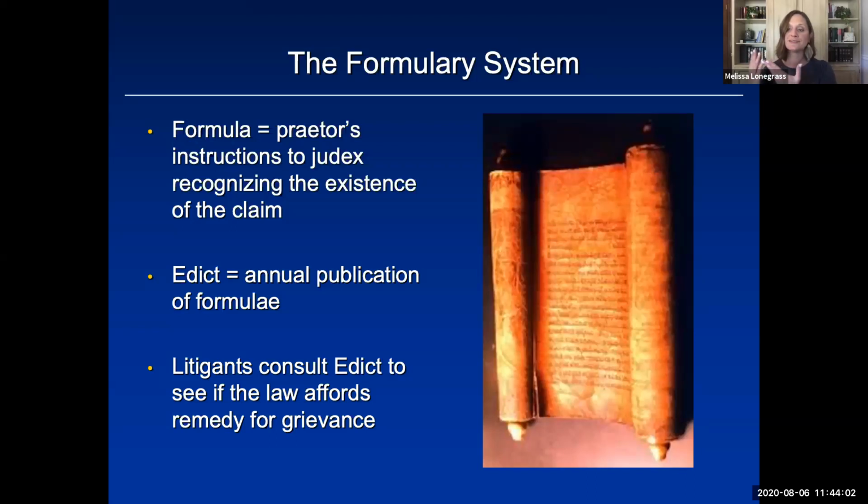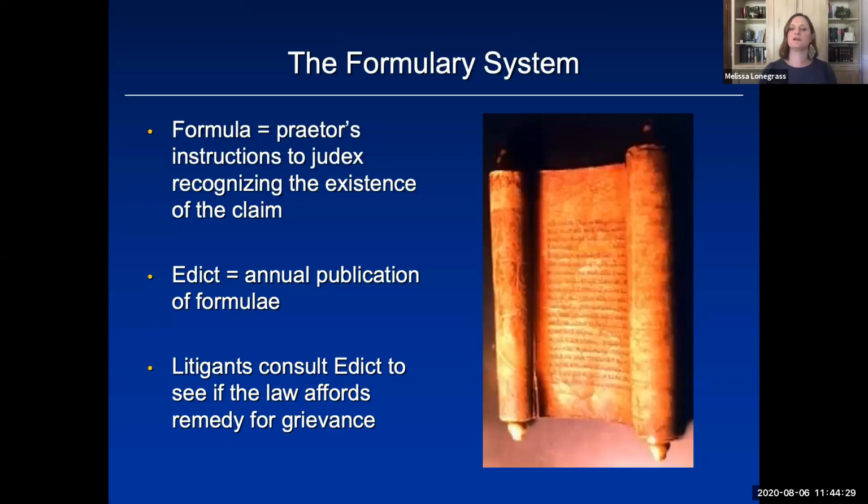Whatever the praetor decided was recorded in the formula, which also contained the remedy to which the plaintiff would be entitled if the iudex found that the allegations were supported by the evidence, right? So the plaintiff here has a cause of action for fraud, and if these facts can be proven, then he's entitled to X sum of money, right? That would be the basic framework of the formula.